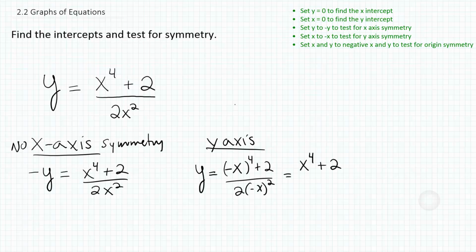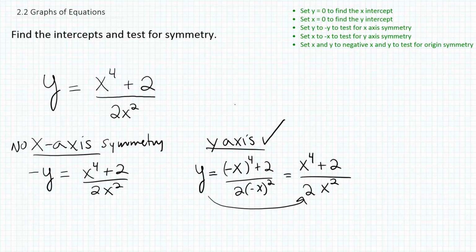And then we'll have plus 2 after that, and then we'll have 2 times negative x squared. So that's the same as saying just x squared, because squaring the negative is going to make it positive. So ultimately we end up with the same equation, and that implies that it does indeed have y-axis symmetry. So I'm going to put a little check mark here saying yes, it has y-axis symmetry.